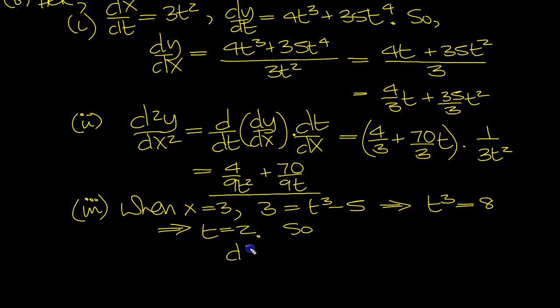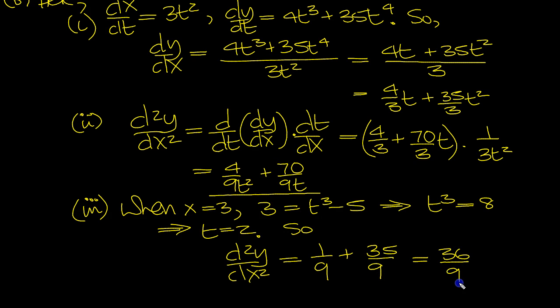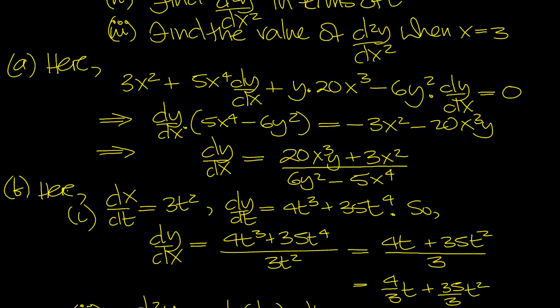So d²y/dx² then will equal, put the 2 value in here. 2 squared is 4, and we'll cancel with the 4 on top, so it's just 1 over 9. 70 over 9 2's, well the 2 will cancel with the 70 and just give 35 over 9. So it's 36 over 9, which equals 4. So that's the value for part 3.